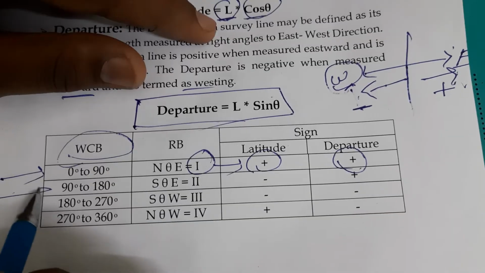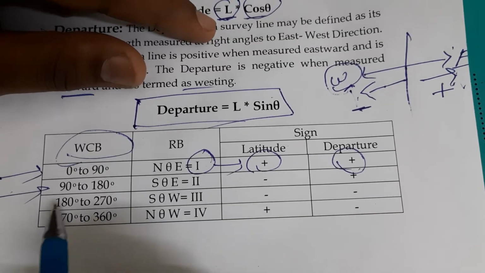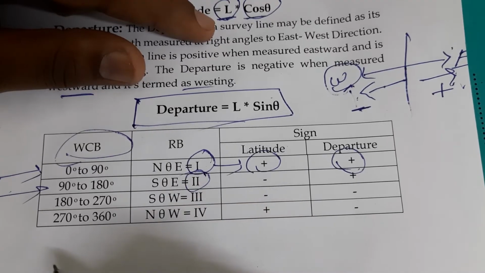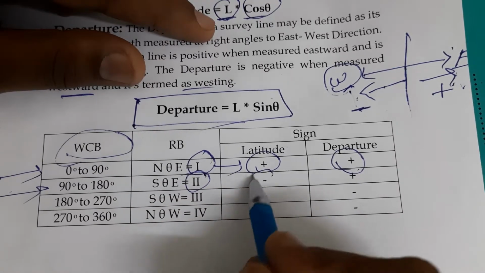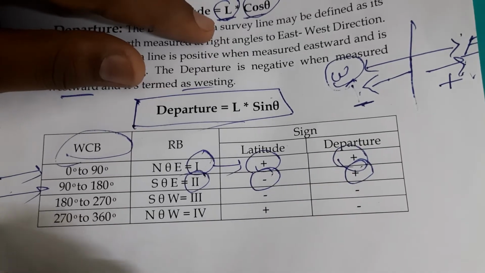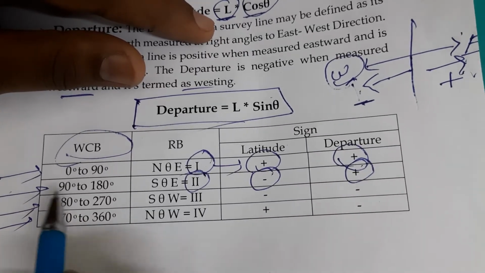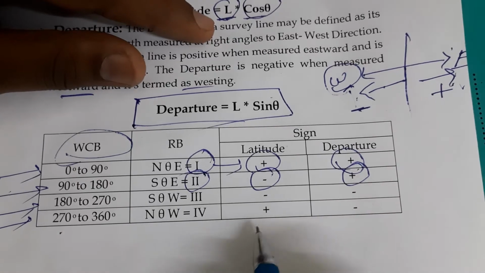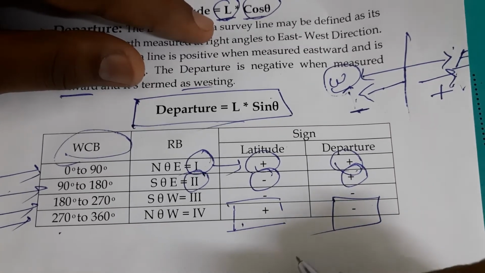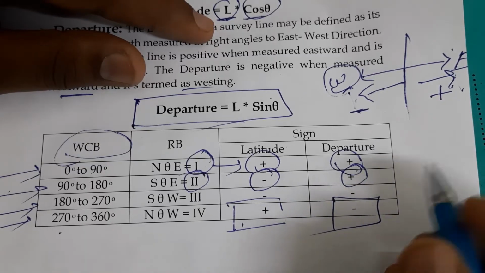If the line is between 90 and 180 degrees, it is in the second quadrant, and the latitude will be negative and the departure positive. So based on the reduced bearing or the whole circle bearing, you can find out in which quadrant it lies and which sign we need to mention with latitude and departure.